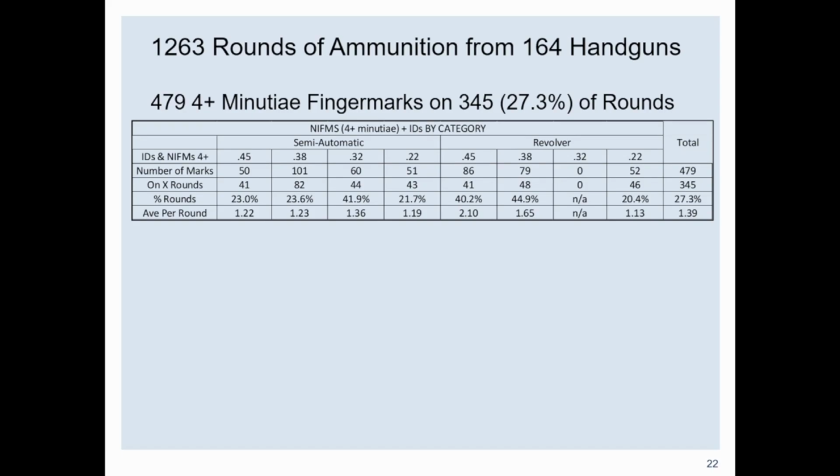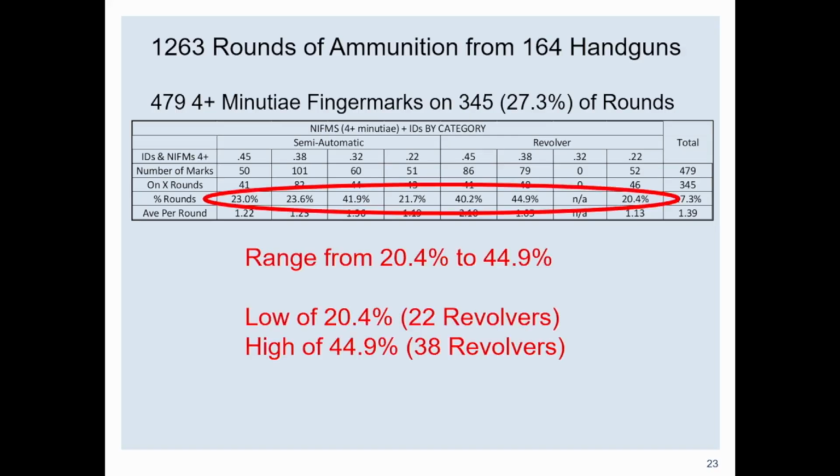So it's 27.3%. The percentage of rounds across the different categories ranges from 20.4 to 44.9. The low is 22 revolvers, which is kind of expected for the smaller cartridge size. But they range from 20.4 to 44.9.